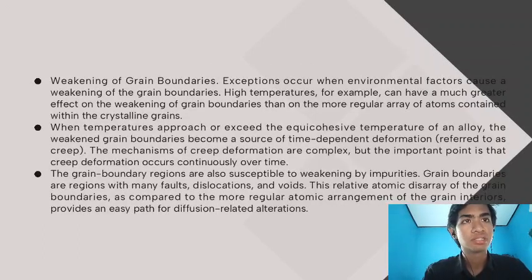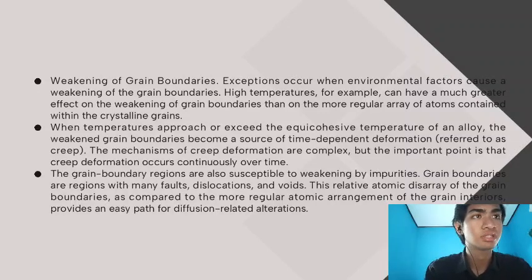Weakening of grain boundaries. An exception occurs when environmental factors cause a weakening of the grain boundaries. Temperature, for example, can have a much greater effect on the weakening of grain boundaries than on the more regular array of atoms contained within the crystalline grains. As noted, when the temperature increases, there is a point at which the grains and the grain boundaries exhibit equal strength.